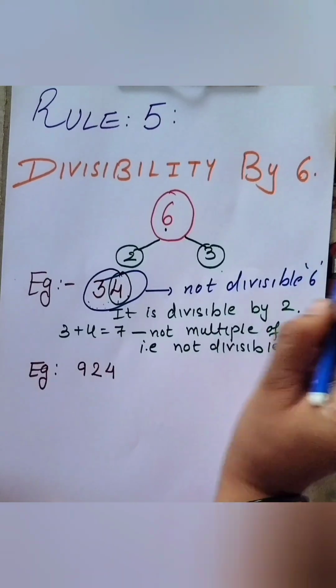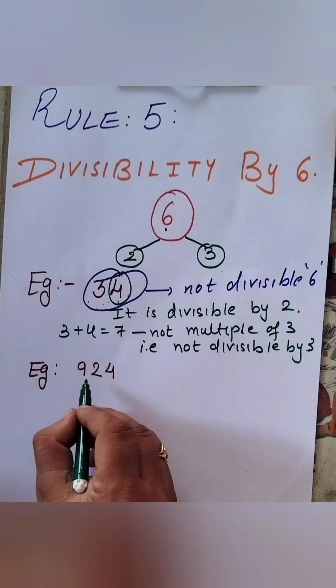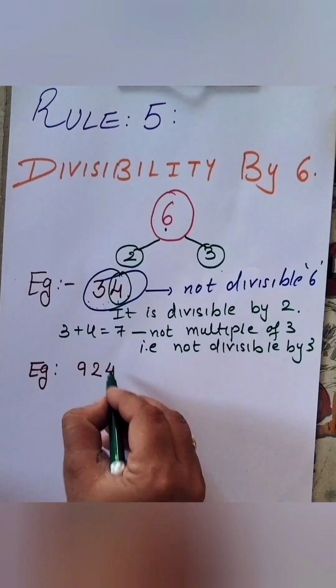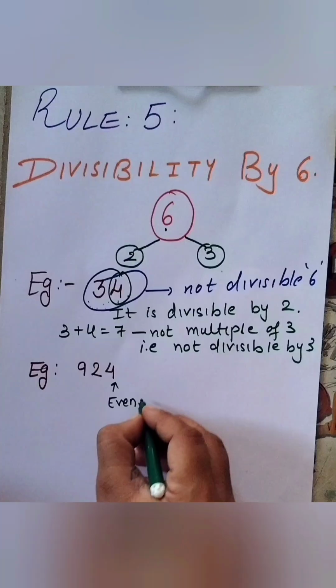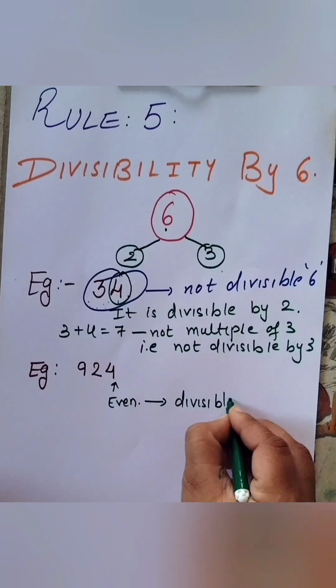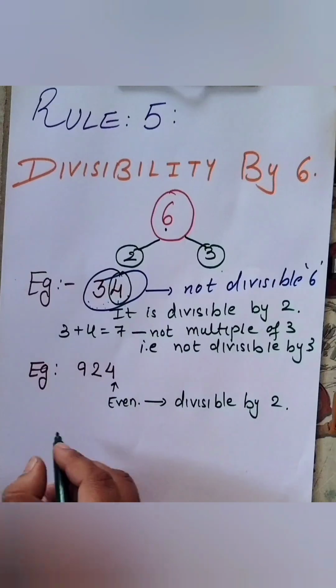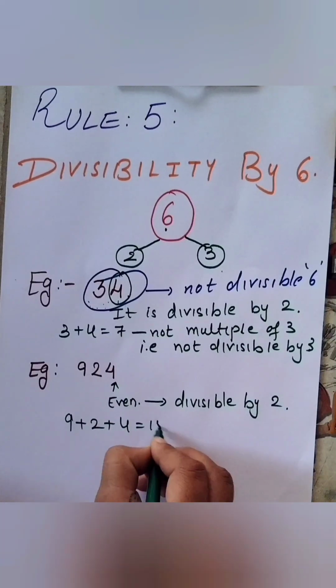Let's see another example of it. The other example is 924. As you can see, this is an even number, so it is divisible by 2. Now let's see the sum. 9 plus 2 is 11, 11 plus 4 is 15.